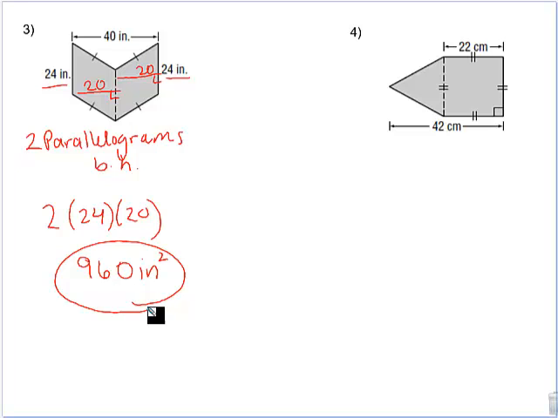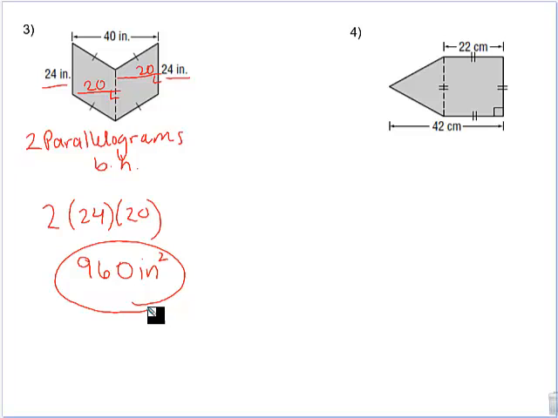A square and triangle. Okay, it kind of looks like a sideways house, right? Yeah. So it's like a square with a triangle off to the left of it. Well, what am I going to have to do to find the total area here?